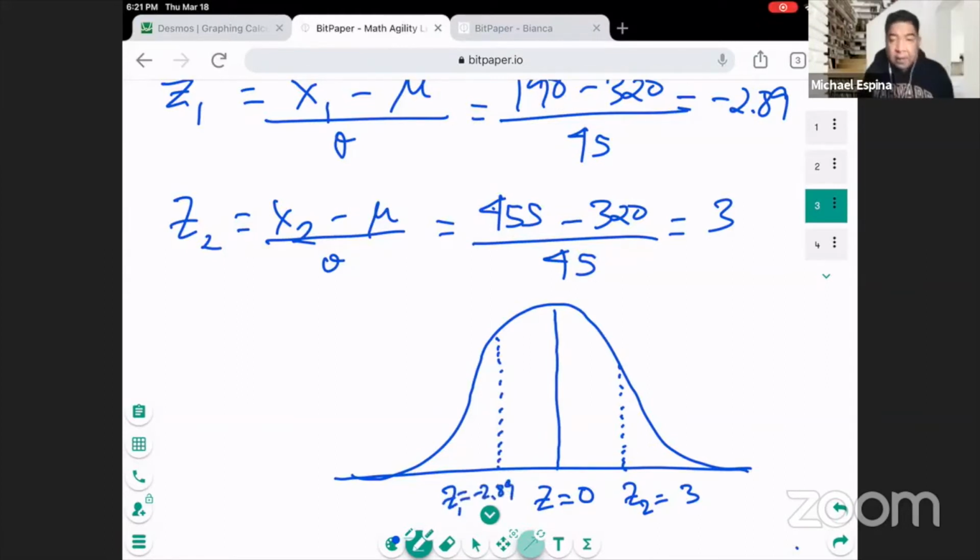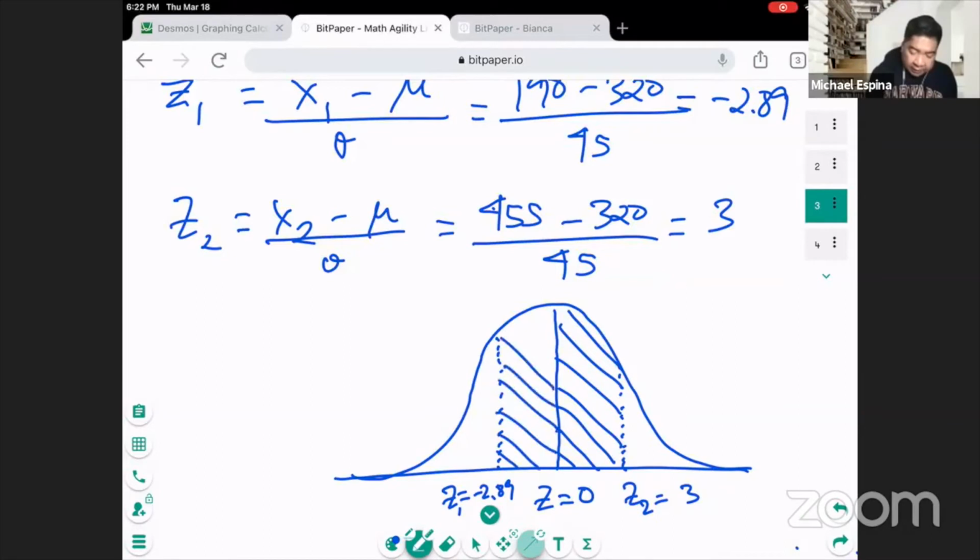So the probability is actually equivalent to the area covered by these two boundaries. Our boundaries are from negative 2.89 to 3, from here up to here.